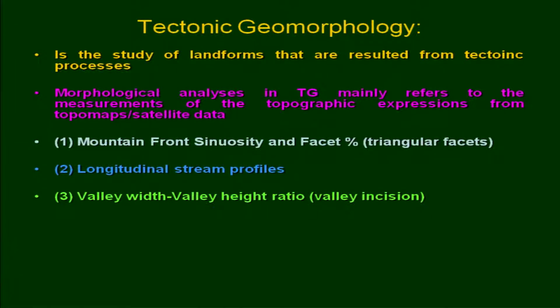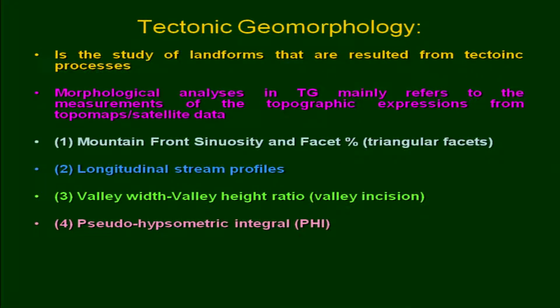Third is the valley width to valley height ratio. This parameter can help in understanding whether the area is active or inactive. If the area is active, the valley will remain in a very youthful state, with incision taking place and young features like gorges or deeply incised valleys, so you will have narrow valleys.